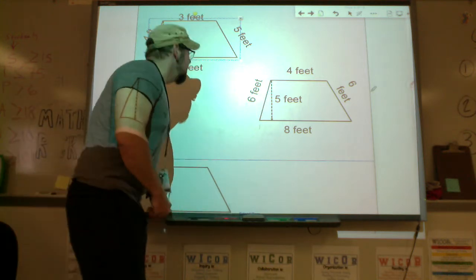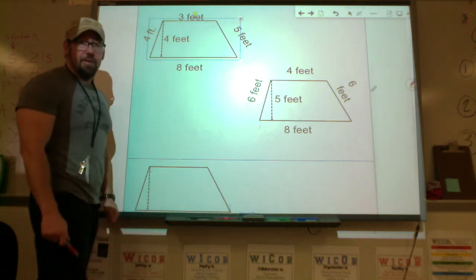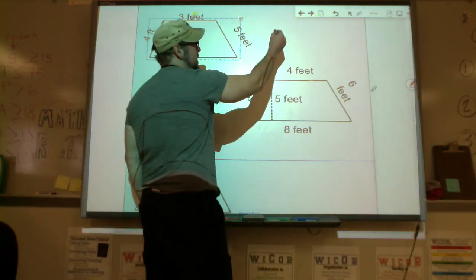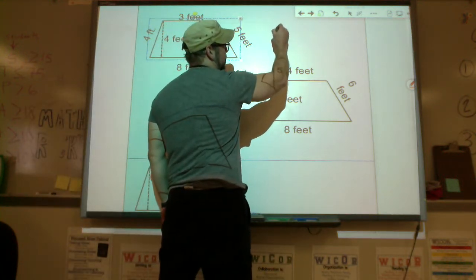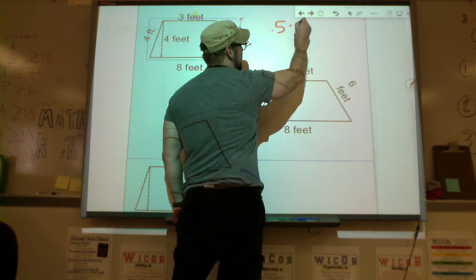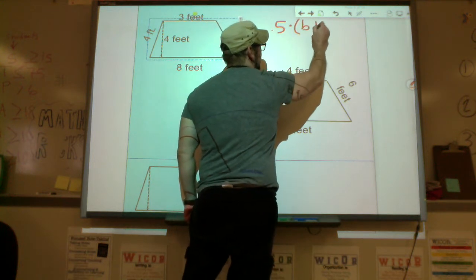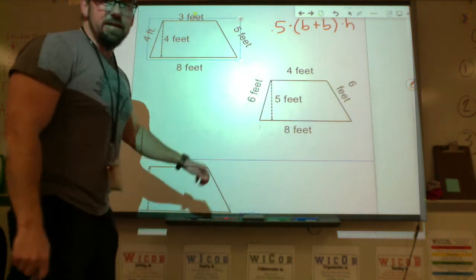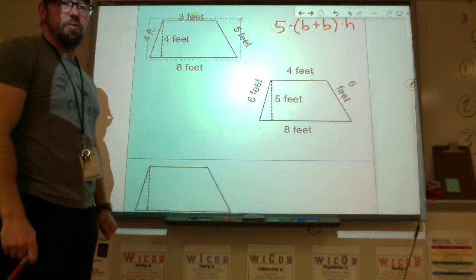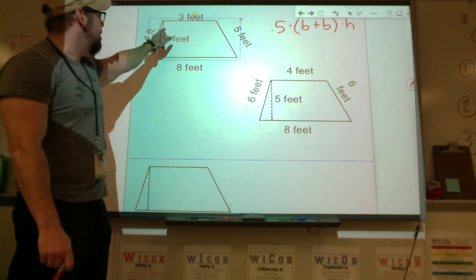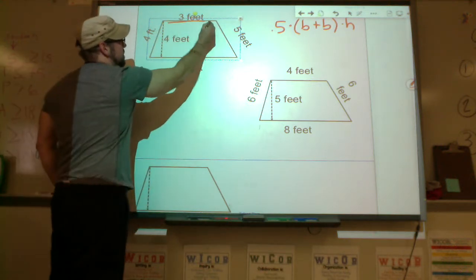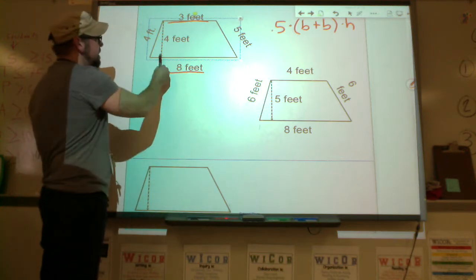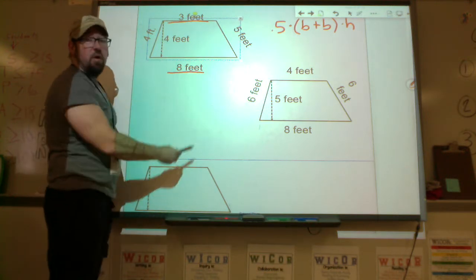If I look for my parallel sides, my bases, I'm going to use my formula here: 0.5 times base plus base times the height. So I basically have to plug the numbers into that formula. Here are my parallel sides. These are my bases, 3 feet and 8 feet. And then my height is here.